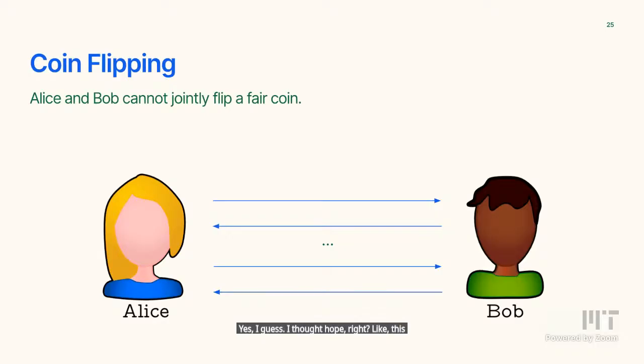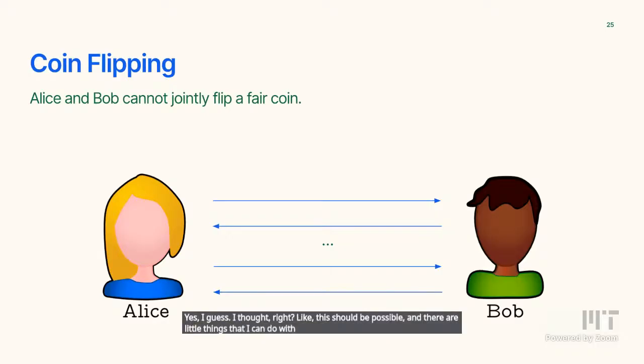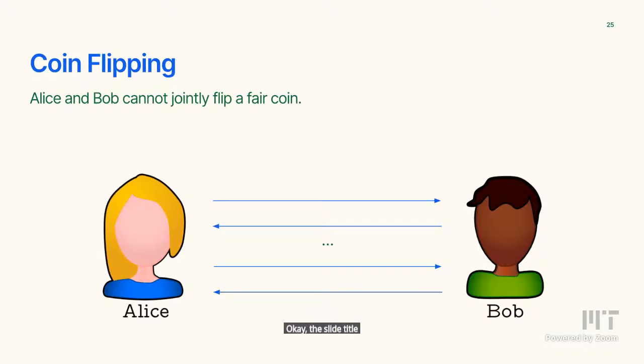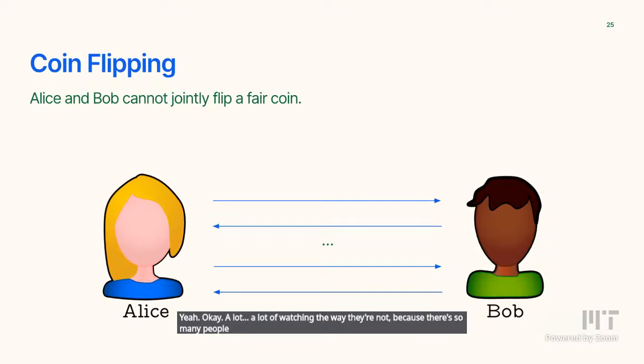And there are real stakes, like you look at blockchains today, where this happens. Let's slide second. Does everyone know about blockchains or ledgers? Yeah. Okay. A lot of blockchains, the way they're run, because there are so many people who have things on the blockchain, in principle, it's totally decentralized.